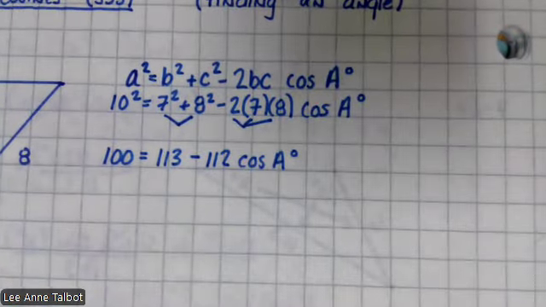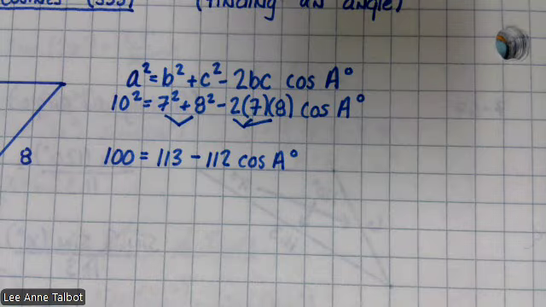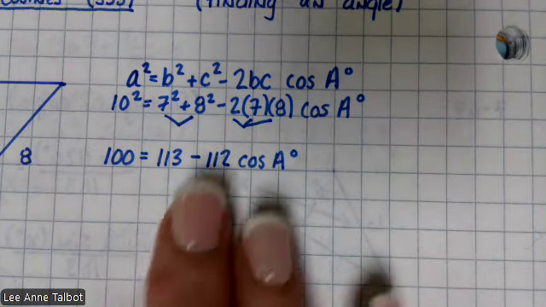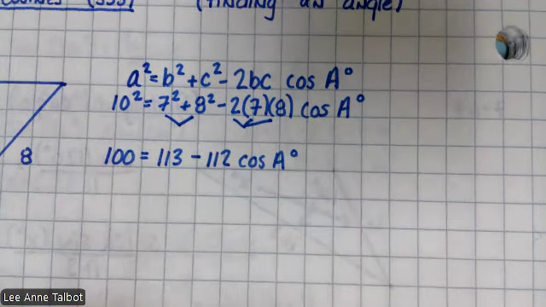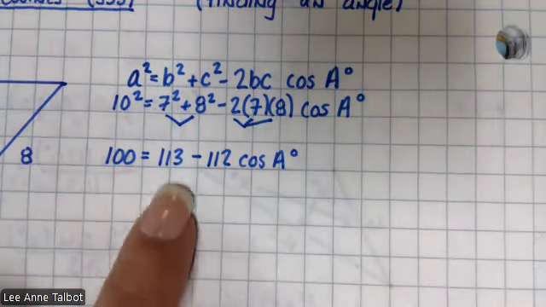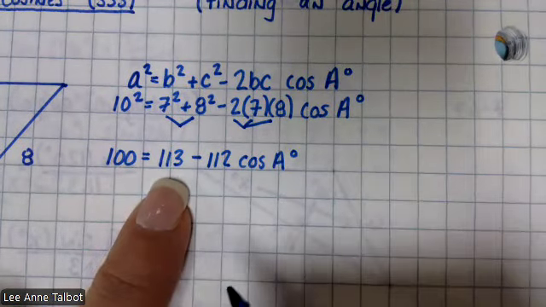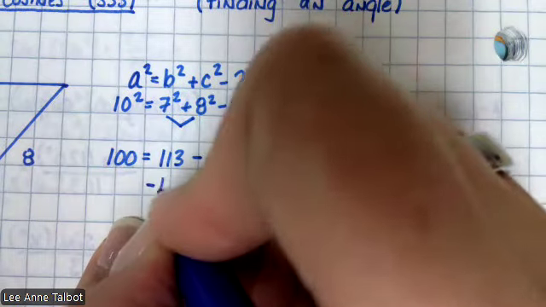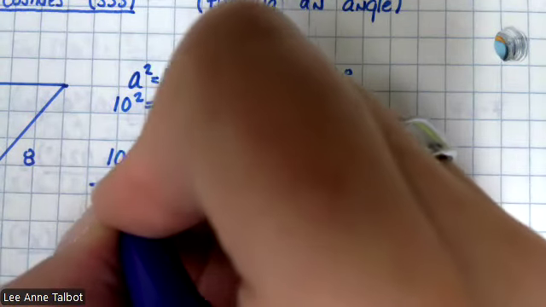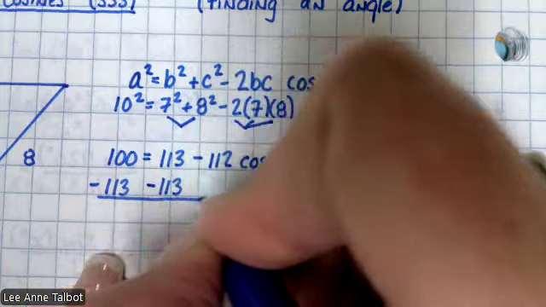Because your brain really wants to go 113 minus 112, that's 1 cosine A. No. This is like x. Those are not like terms. So you need to rescue that 113 out of there before we do something silly. Get it out of there.